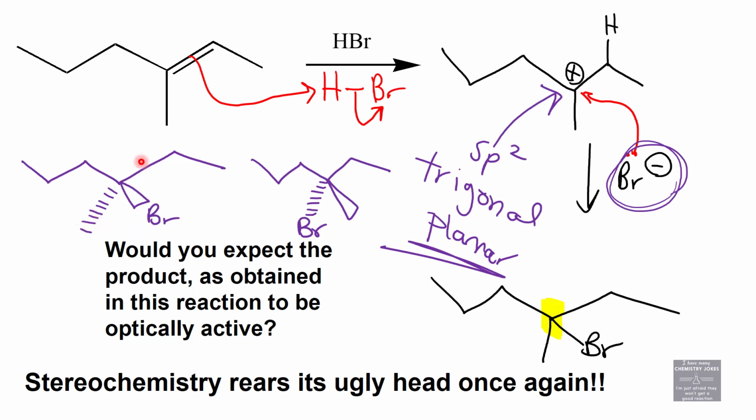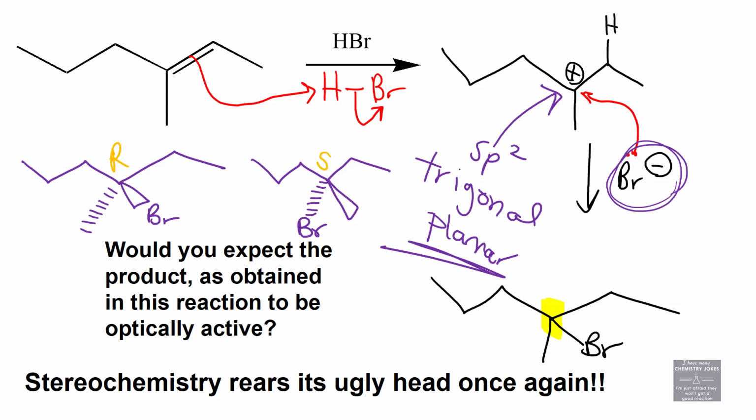Let me explain. So if I did some R's and S's of these guys, is this R? Is this S? It's R. So this is the R stereoisomer. This is the other one, the S stereoisomer.